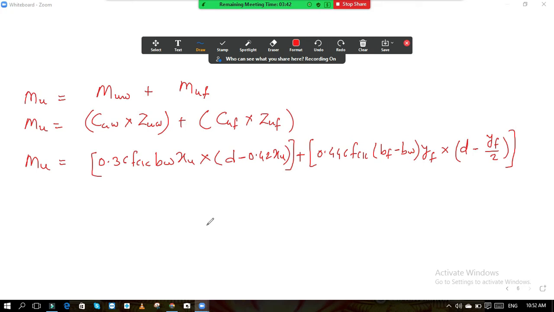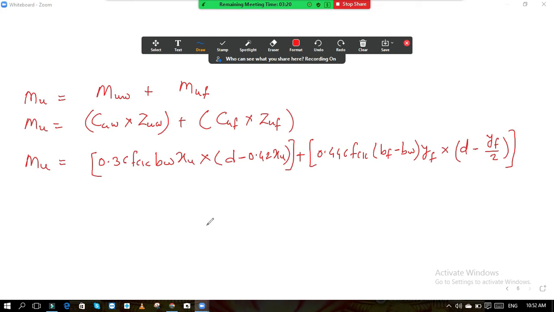You can search in SP16 regarding this, and also in IS 456 clause 38.2; you will get more material on this. There is a small derivation for yf equal to 0.15 xu plus 0.65 Df, but you can just remember this formula.